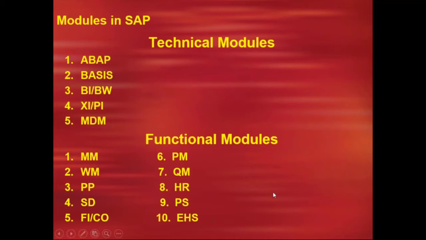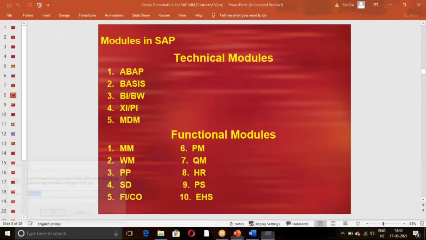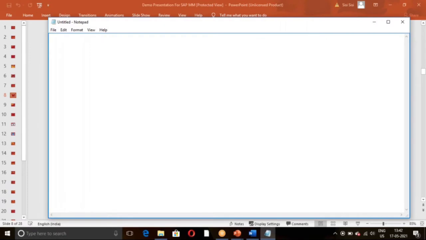And coming to functional modules, they are exactly opposite to technical. So what do these functional modules mean? For example, I will take a company called Asian Paints, one of the good paint manufacturing companies available in the market.